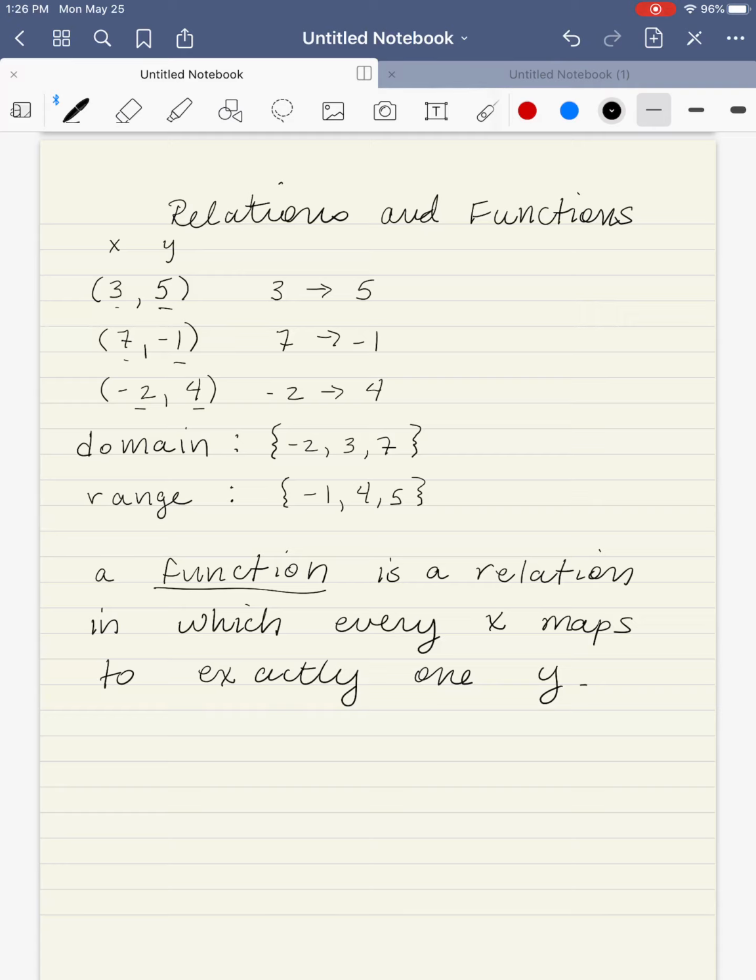That means that if I start with, say, the number 7, what does 7 map to? There's only one answer. There's only one y that it maps to. So 7 only maps to -1, 3 only maps to 5, and -2 only maps to 4. So this relation is a function.